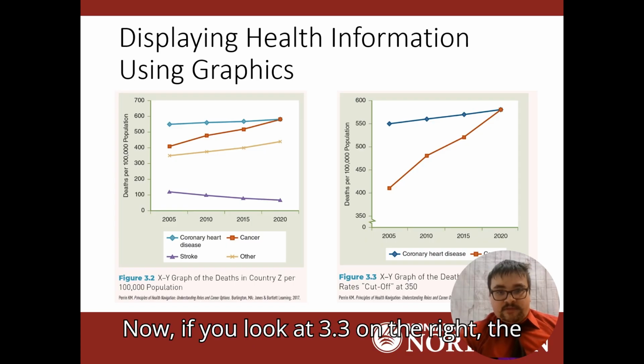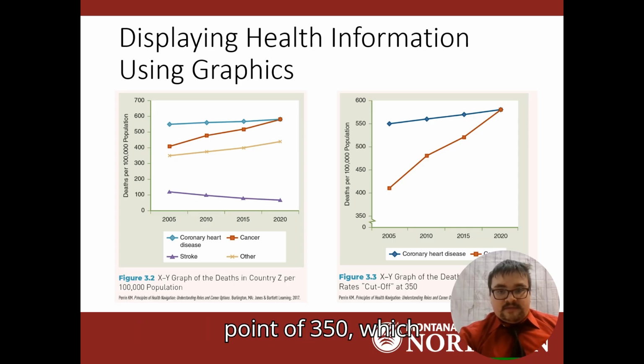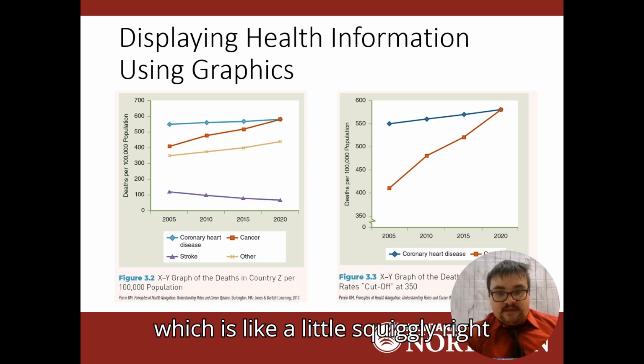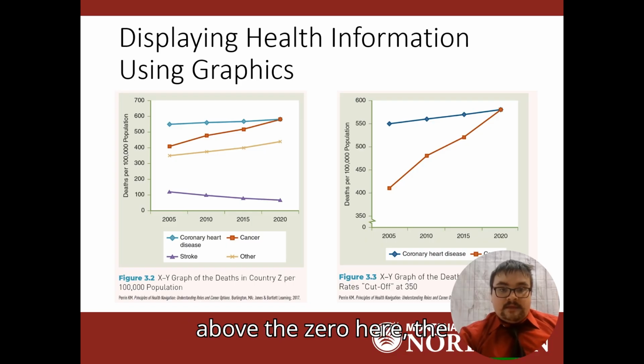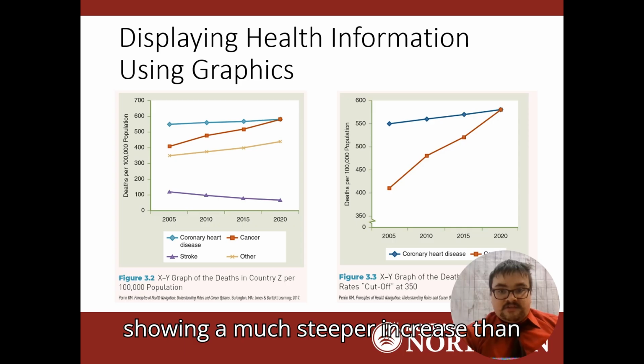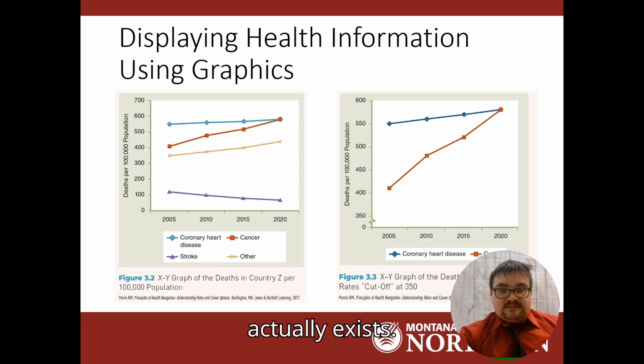Now if you look at 3.3 on the right, the y-axis in this graph stops at a higher point of 350, which magnifies the data and creates a misleading visual representation. Although the graph uses a break symbol, which is like a little squiggly right above the 0 here, the viewer still may interpret the data as showing a much steeper increase than actually exists.